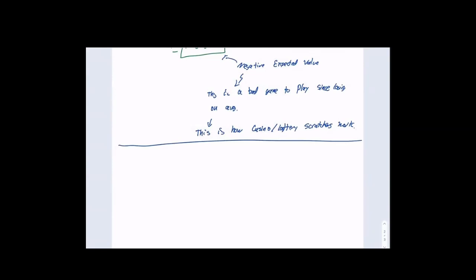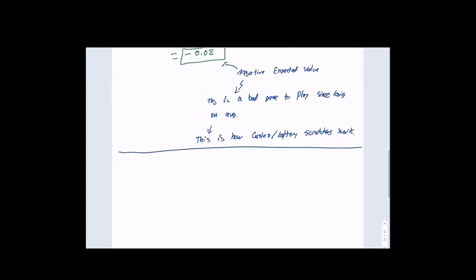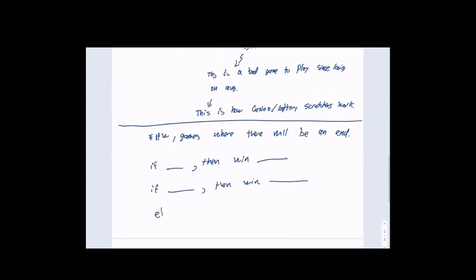And so the idea here, on your homework, is about games where there will be an end. So the typical form is: if blank, then win blank; if blank, then win blank; and then finally else, you lose.